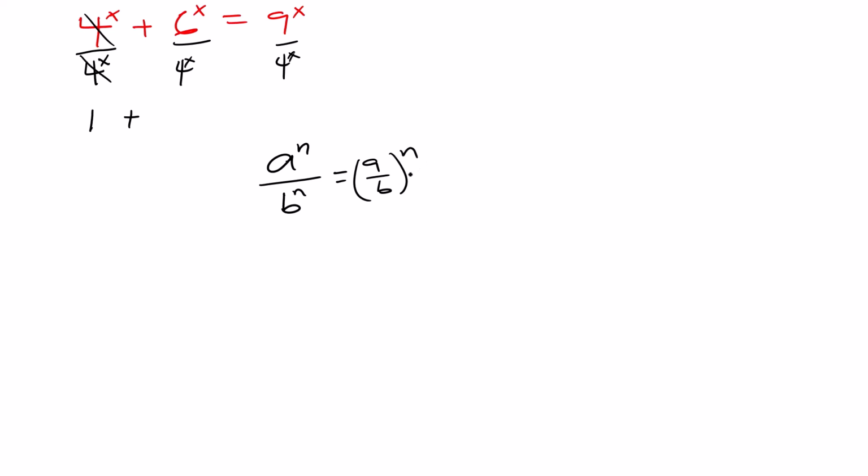All right. So the next thing to do is to go ahead and take the powers out here. So we have 6 on 4 raised to x, and I'll do the same here, 9 on 4 raised to x.